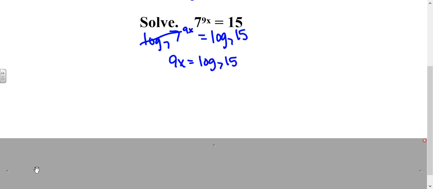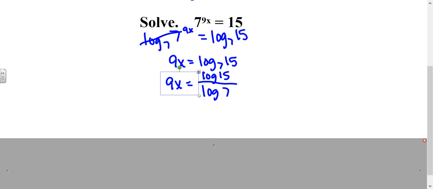So if I want to get x by itself, I have to divide by 9. But first, I need to figure out what this part equals. So what I'm going to do is rewrite that using the change of base formula. So remember, the base goes in the basement, so this is going to equal log 15 over log 7. Now, remember, you can use that answer button in your calculator.